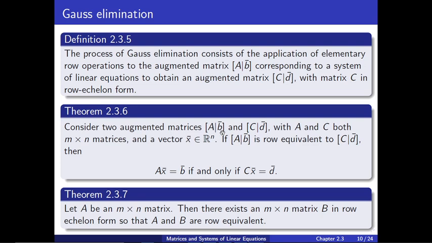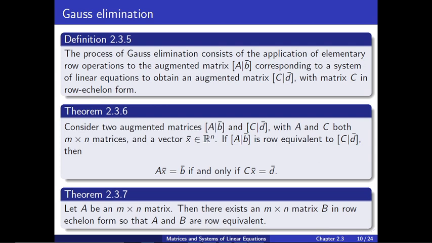So what it means is we can use Gauss elimination because we know that AB will be row equivalent to CD if we use the elementary row operations. Therefore, we will get the same solution. So basically solving the system when the matrix C is in echelon form will make our life easier.